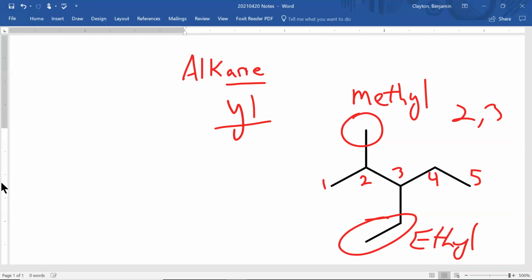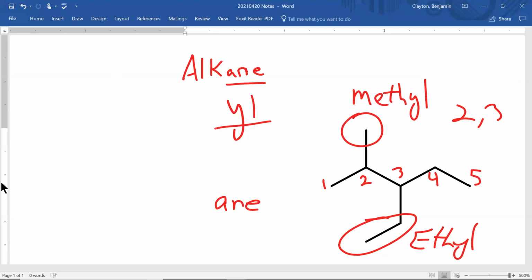The parents always end in the suffix of the parent chain. So in this case, our suffix is alkane. That's what functional group we're looking at now. And then we have 5 carbons, and this is where you have a table from 1 on out.